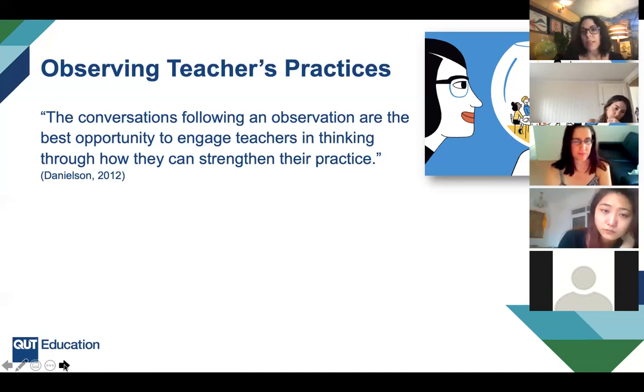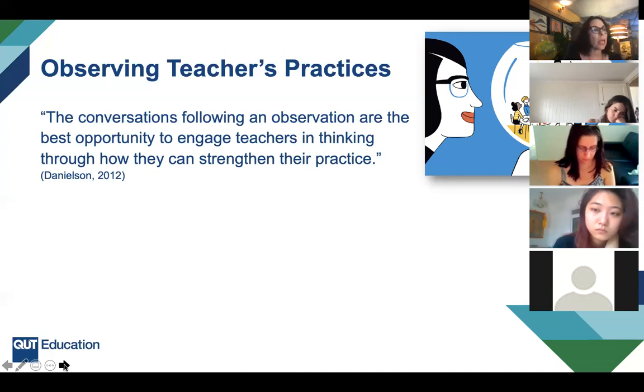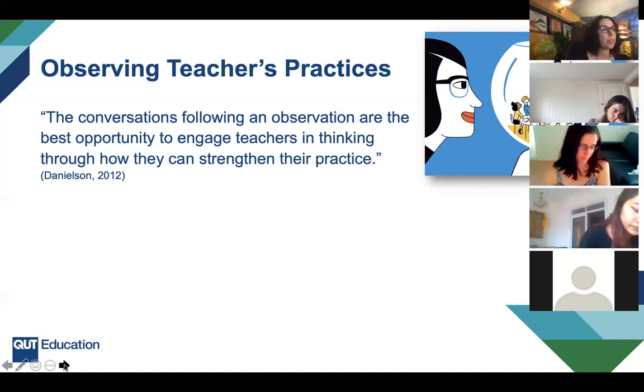Research supports that peer observation helps teachers to build their capability. And importantly, it's about developing a shared understanding of effective practice in a learning environment. So this is across all learning contexts. Again, we're coming back to our community of practice, an inquiry-based learning culture where you're working together to share your understandings and your perspectives.